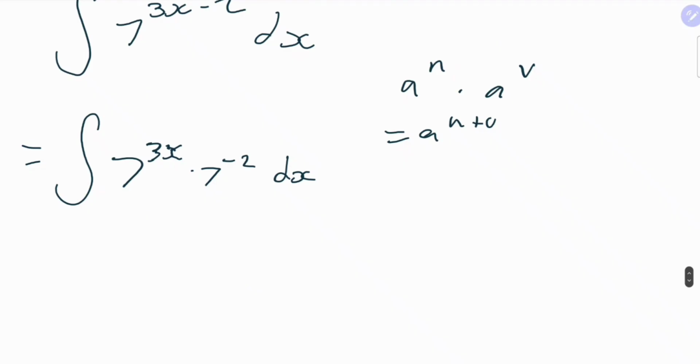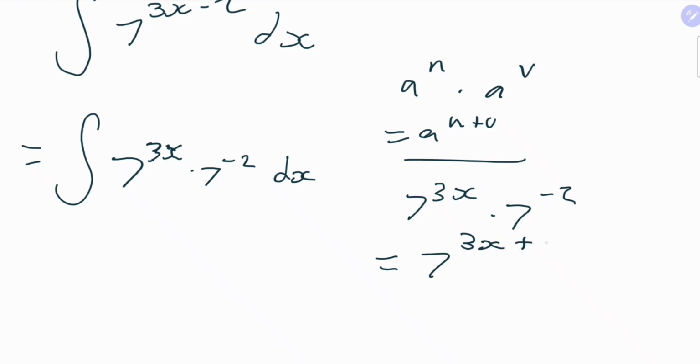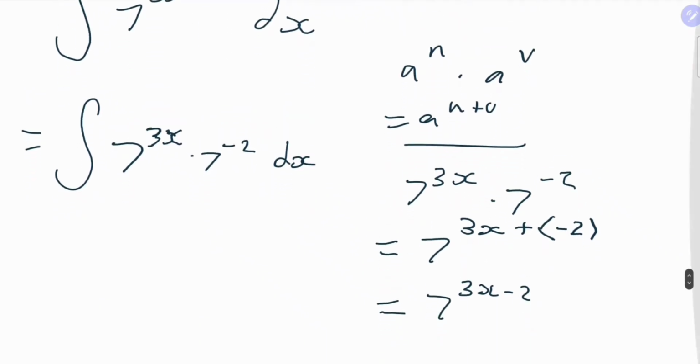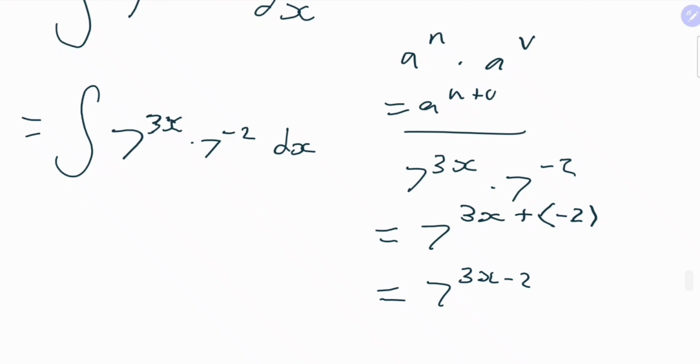As if we use this rule here, we get 7 to the 3x times 7 to the negative 2 equals 7 to the 3x plus negative 2, which just equals 7 to the 3x minus 2. Okay? So it's the same thing, basically. And then you might notice that the second 7, 7 to the negative 2, is actually a constant. So we can move it to the front of our integral.